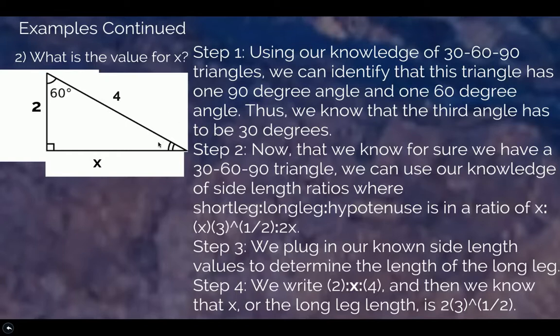Now that we know for sure we have a 30-60-90 triangle, we can use our knowledge of side length ratios, where the short leg to long leg to hypotenuse is in a ratio of x to x times radical 3 to 2x. We plug in our known side length values to determine the length of the long leg, so that it would be 2 radical 3. Alright, so that's the long leg length, 2 radical 3.